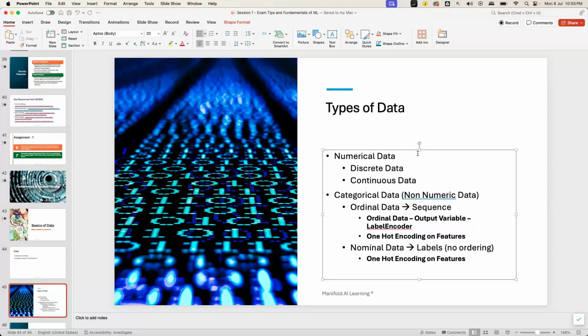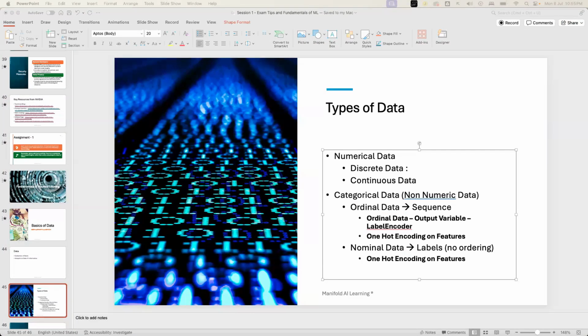Then here I have described the discrete data and the continuous data under numerical. Now, if I talk about discrete data, if the data that we have got can take only certain values, then we call it discrete data.